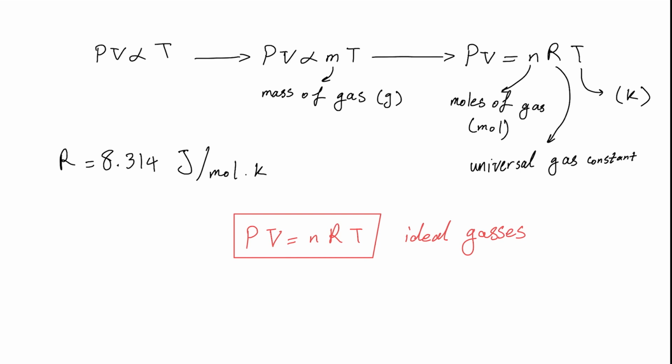So the normal gases that we have in the world will behave like ideal gases if the pressure is less than an atmosphere and the temperature is not close to the liquefaction point of the gas, then the behavior will be like the ideal gas.